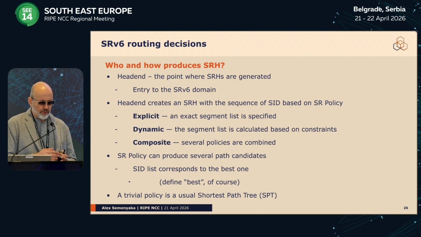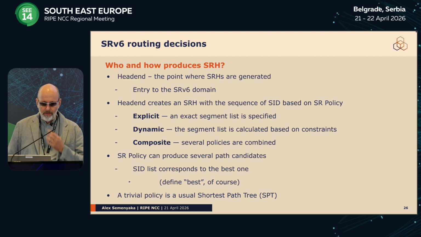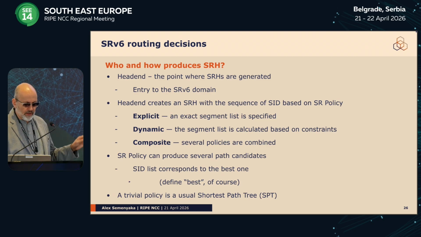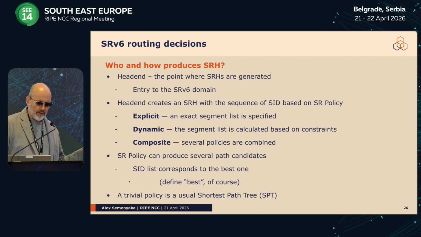I need just to turn it on. It's obvious, but how am I forming this header anyway? So here we have the special name for the node which generates SRh. It's called headend. That's the entry to the SRv6 domain.